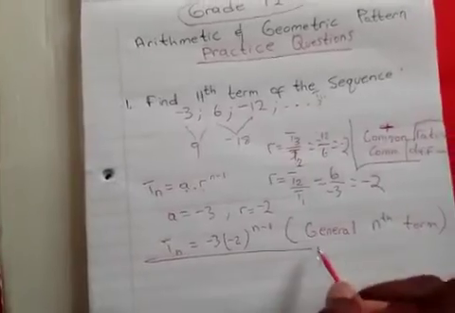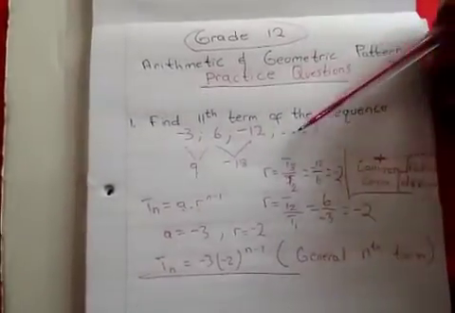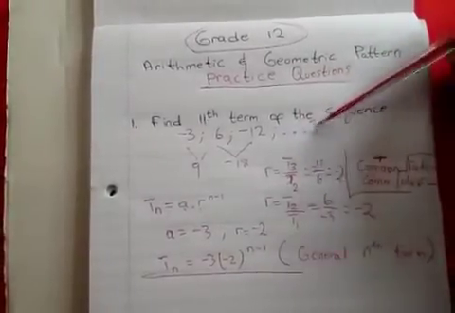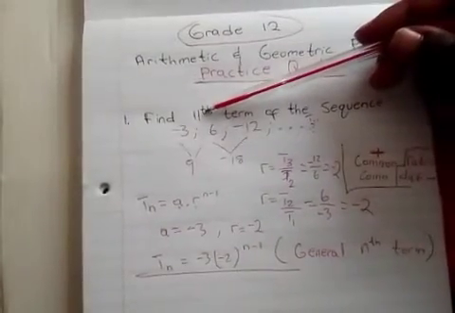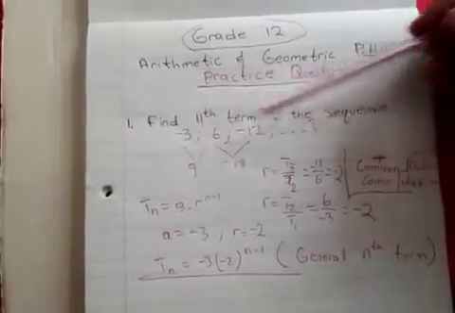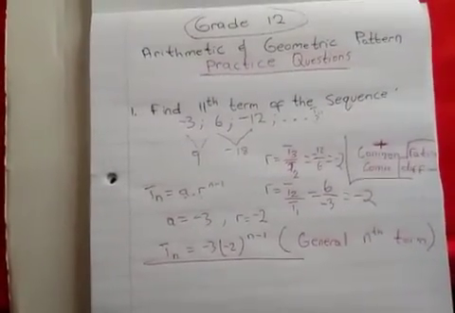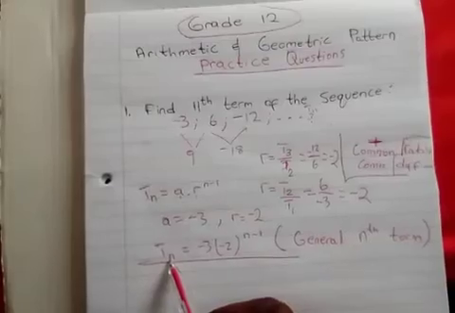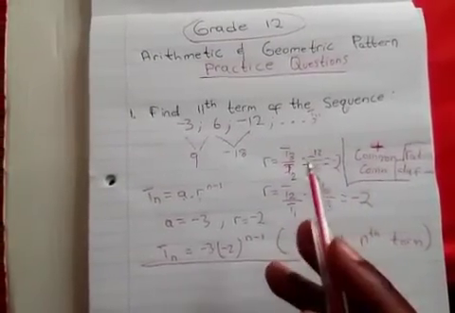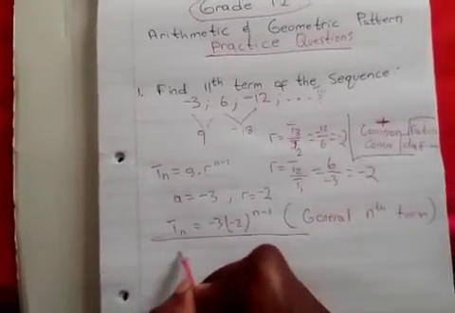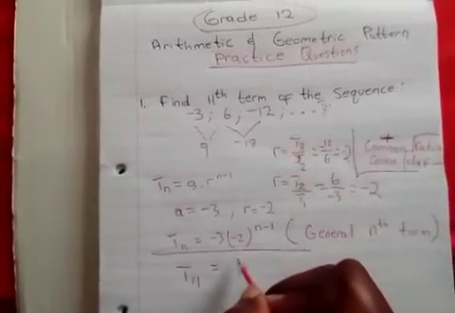With this general nth term, guys, it's going to be very easy to find any number in this sequence. In this question, we are asked to find the 11th term, term number 11. So what are we going to do? We will use this general nth term to find the term in the position of 11 by substituting 11 in the position of n.